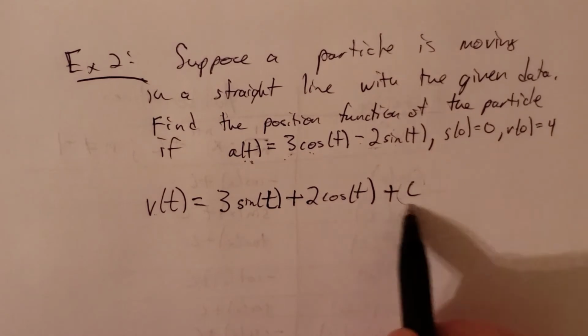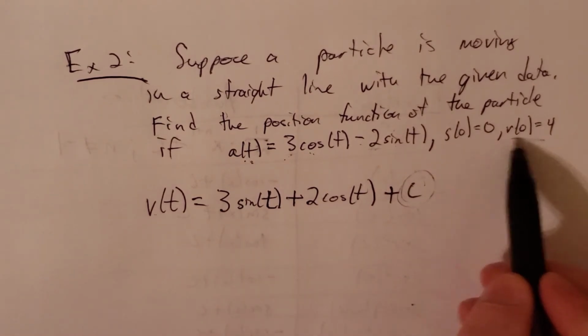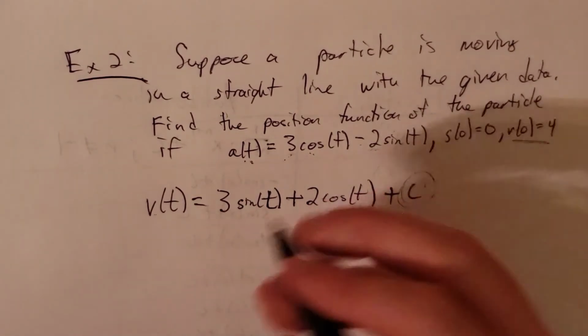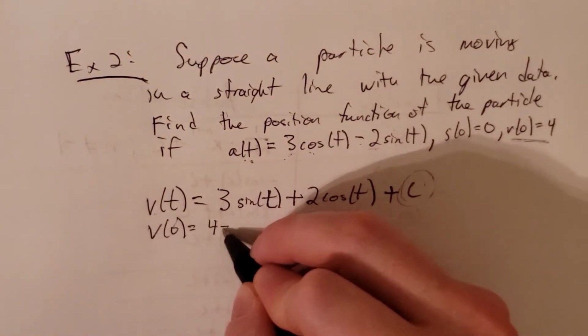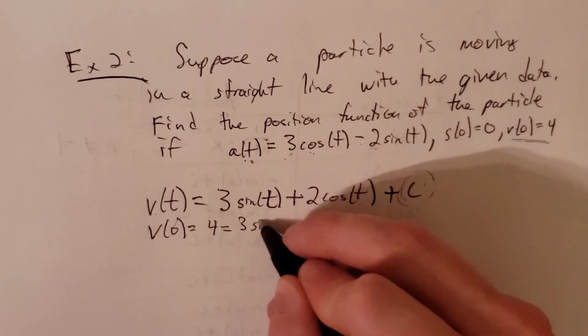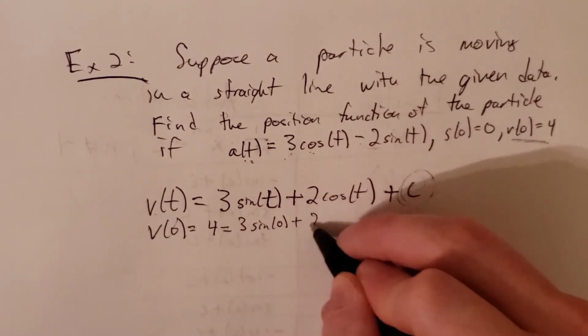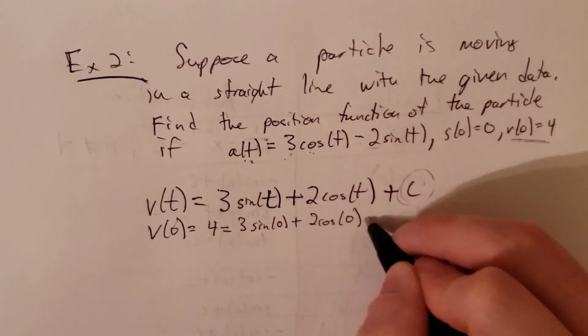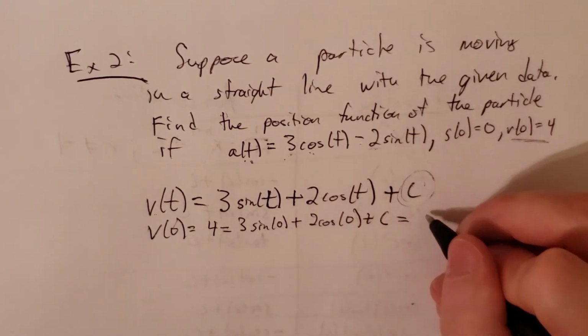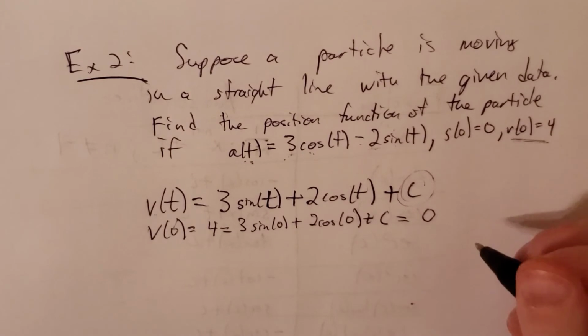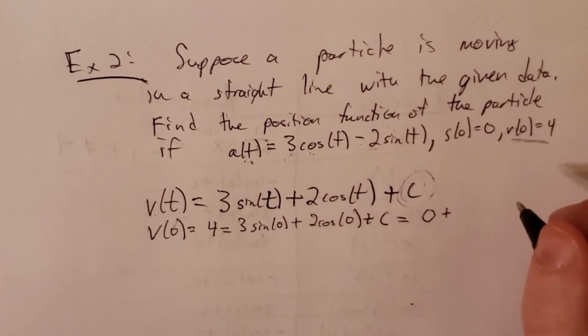Okay, now how do we find this c value? Well, we use our initial value here, v of 0 is equal to 4. So we go ahead and plug that in. This is 3 sine of 0 plus 2 cosine of 0 plus c. Well, 3 sine of 0 is 0 plus 2 times cosine of 0.